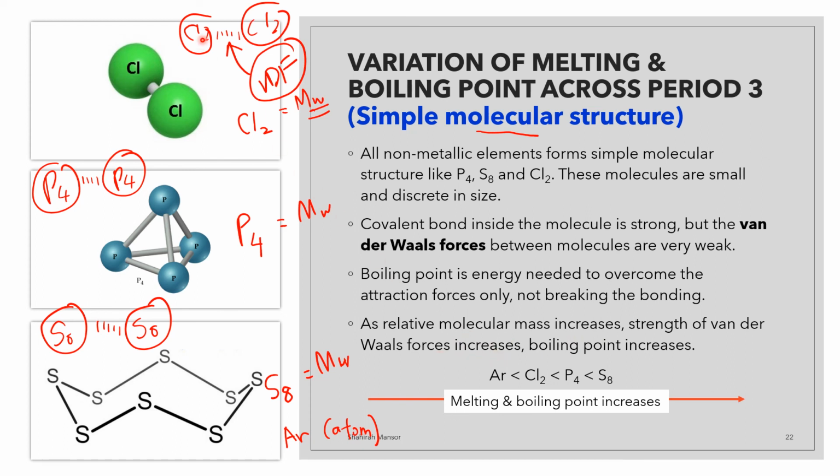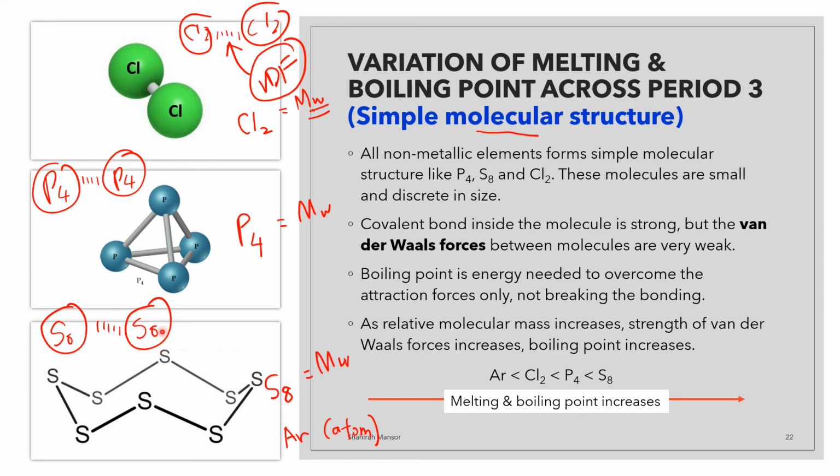So di antara Cl2, P4 dan juga S8, S8 having greater molecular mass. So here, the strength of the VDF di antara S8 molecules will be stronger. So ini yang akan menyebabkan boiling point of S8 ini adalah yang paling tinggi.